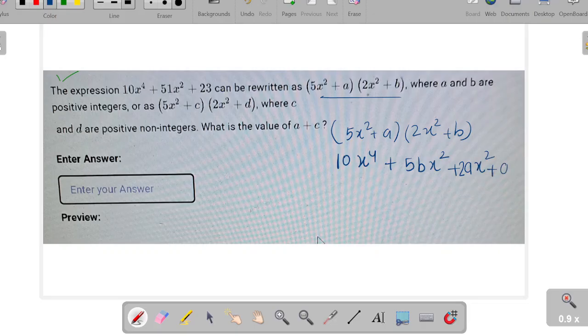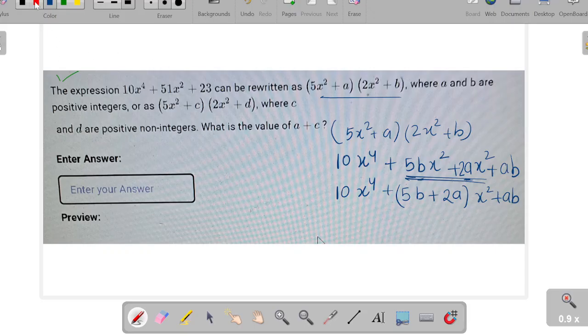Now I'll do a times b, which gives me ab. Now I'll combine both of them. So 10x raised to the power 4 plus 5 plus 2. Can I add both of them? Never add, because you cannot add them. A and B are different variables, so I'll simply put them in the bracket. It will be x square plus ab.